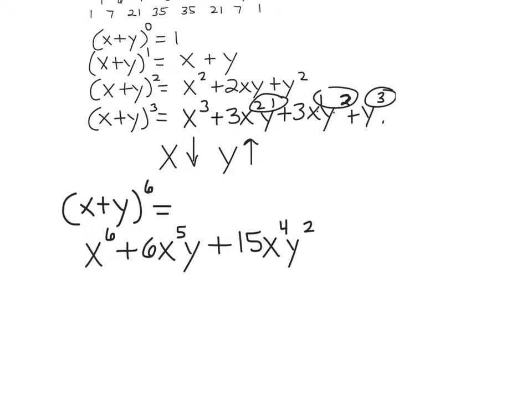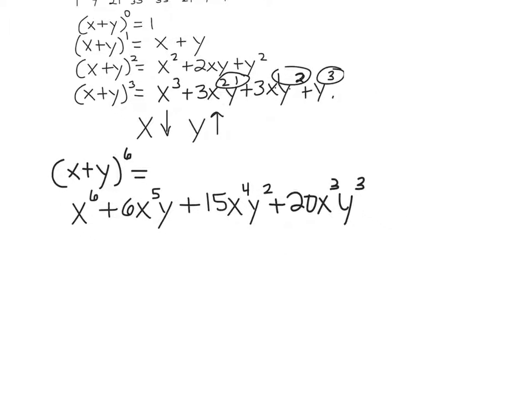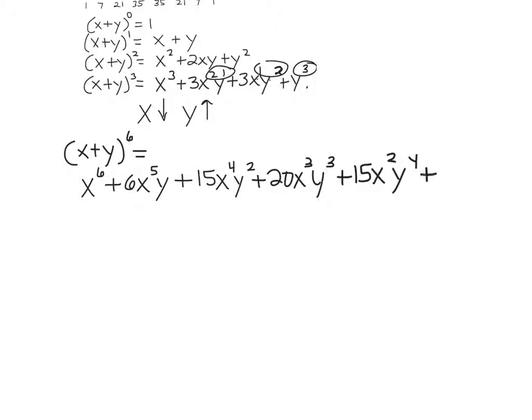The next term would be 20 x cubed, y cubed. That's the center of it. It's when they both are equal to each other there. And then we go 15 x squared, y to the 4th, plus 6x y to the 5th, and then finally plus y to the 6th.